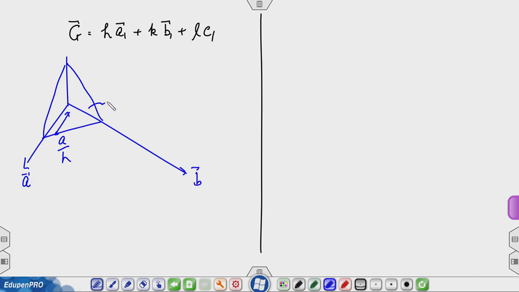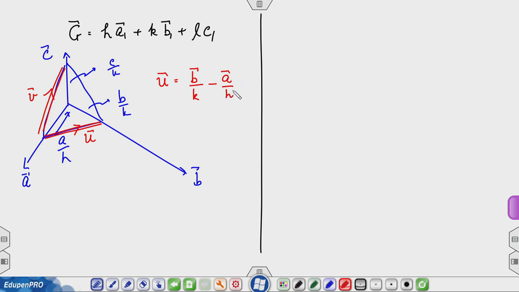Along the B direction it is B over K, and along the C direction it is C over L. Two vectors in this plane which I am showing in red are going to be U, let us say, and V, where U is B vector over K minus A vector over H, and V vector is equal to C vector over L minus A vector over H, and these are two independent vectors in this plane. So, therefore, they span the plane.